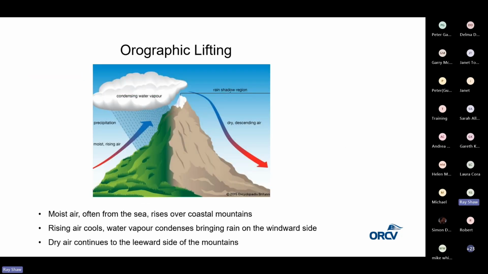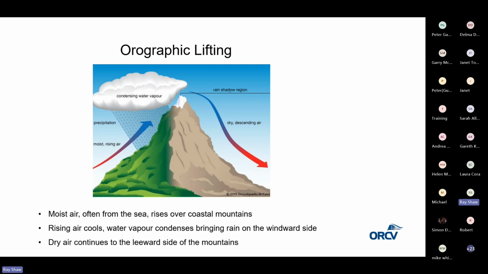Okay, so an extreme example, perhaps, of how this happens is what's called orographic lifting. This is where you've got moist air blowing over the sea, coming into a coastal mountain range, where that's an obstruction, so it has to rise up over the hills.